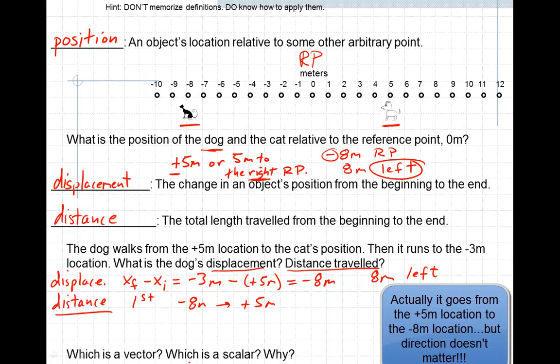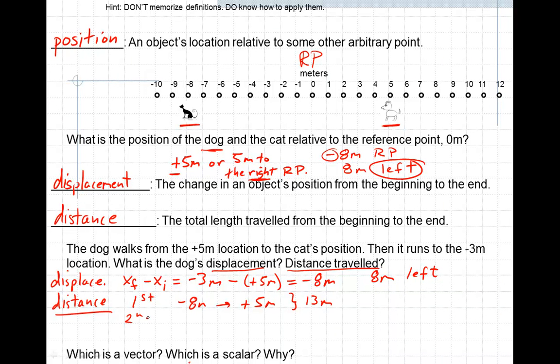So we just say that it traveled 13 meters in that part of the trip. In the second part of the trip, it goes from the cat's position, which is right here, then finally over to the negative 3 meter position, which is right there. So in the second part, it's only traveling 5 meters.